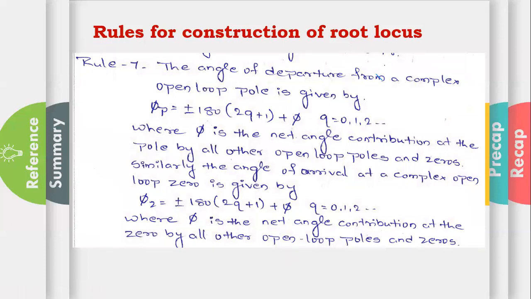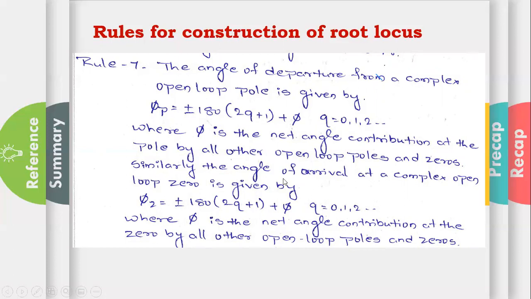Next, rule number 7, the angle of arrival or angle of departure. This has to be calculated only for complex poles or complex zeros. Angle of departure has to be calculated for complex poles. The formula is phi p equal to plus or minus 180 into (2q plus 1) plus phi, where phi is the net angle contribution at the pole by all other open loop poles and zeros.